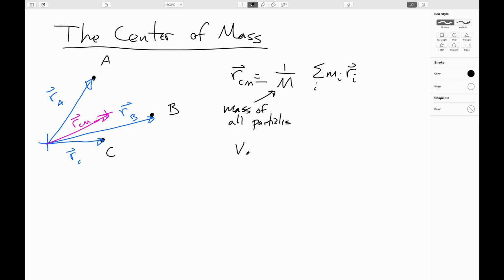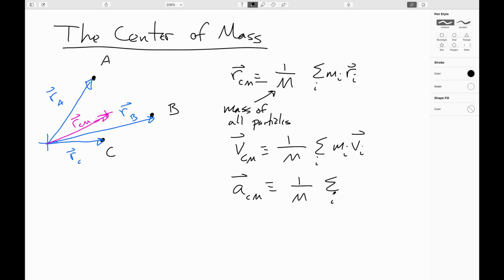So the velocity of the center of mass of something would be the weighted average of the velocities of all the constituent particles. And then finally, the acceleration of the center of mass is defined to be the weighted average of the accelerations of all the constituent particles.